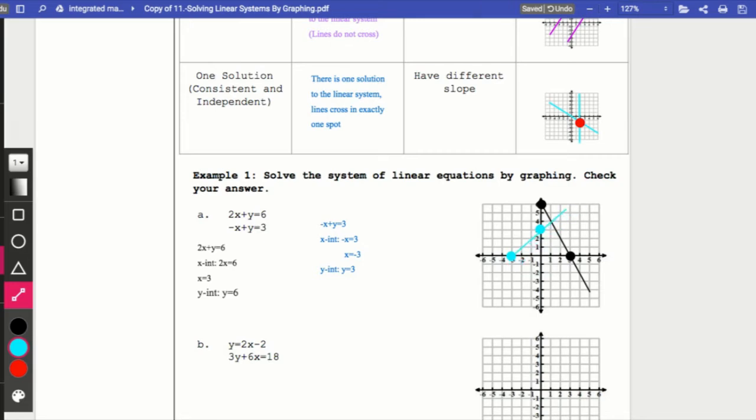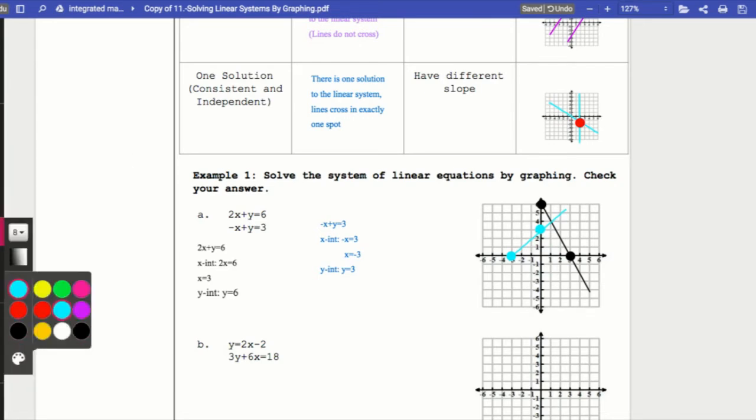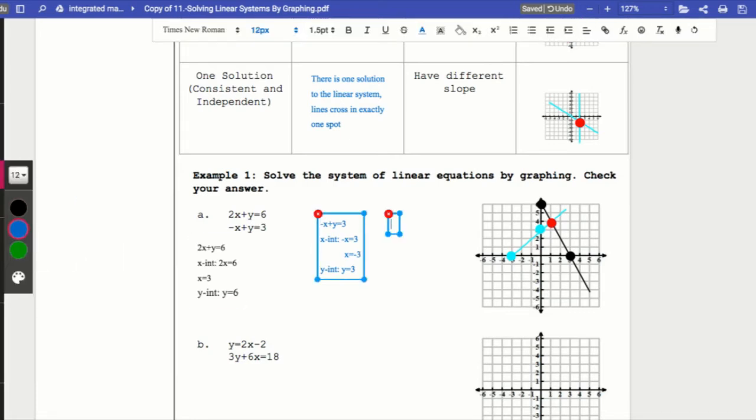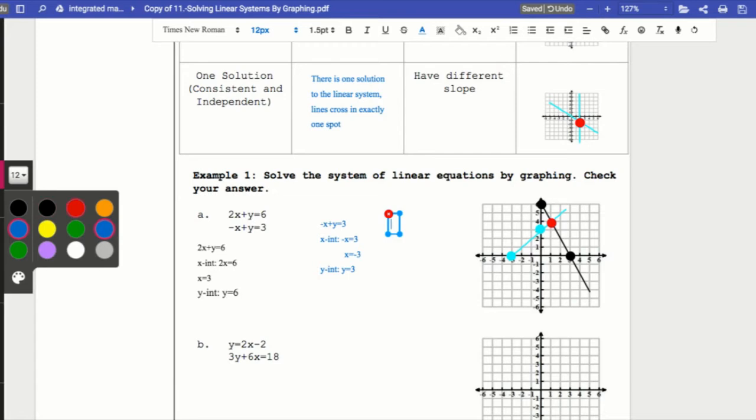There we go. Now the solution is where the lines cross, and I'm going to mark that in red. If I look at my graph, it looks like they cross right here, which is the point (1, 4). So I'm going to plug in (1, 4).